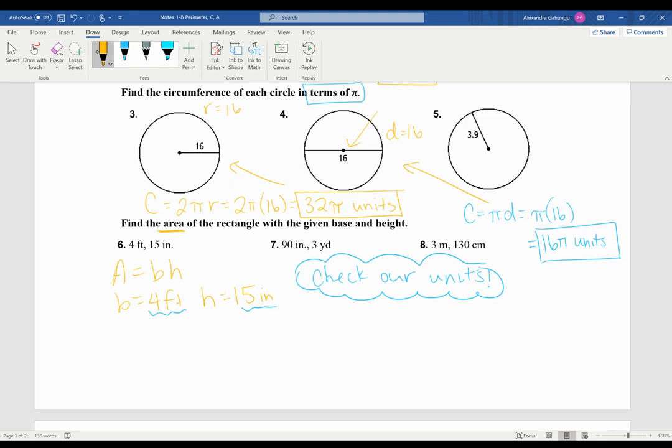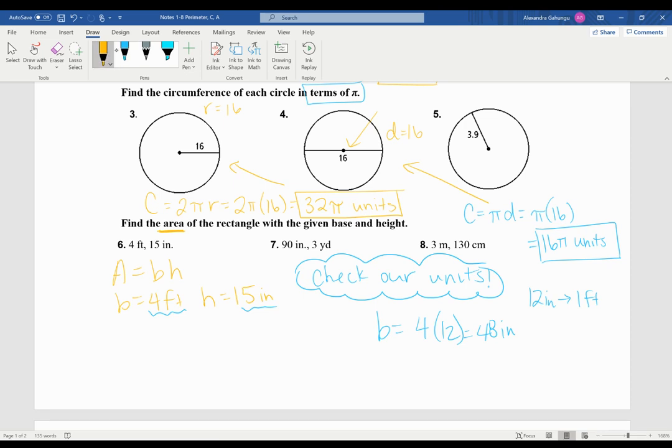So instead of having 4 feet, I'm going to change my feet into inches so that we match. So 4 feet is 4 times each of those 12 inches. There are 12 inches in a foot. So for every one of those, I'm going to have 48 inches.